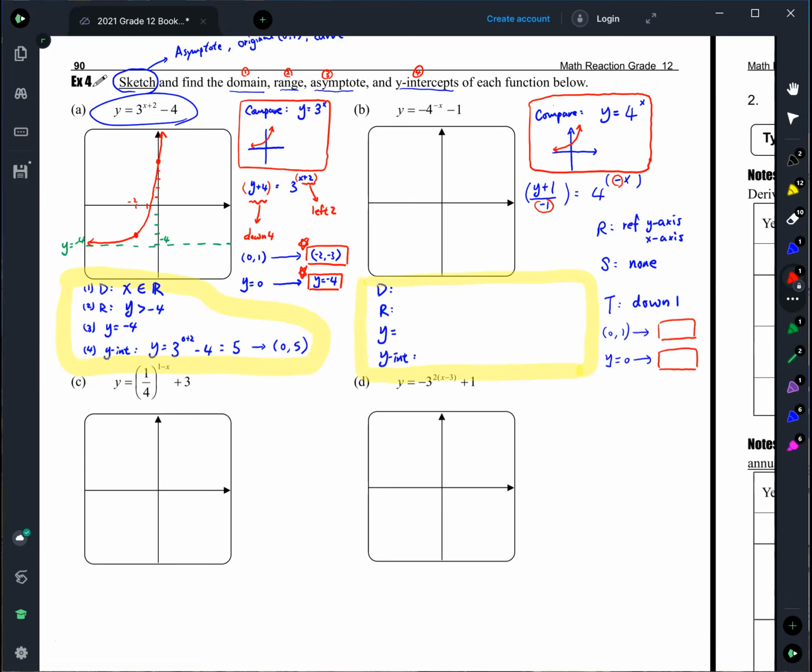Okay, Eric, do you have the new point? Eric, are you there? No. Do you know how to find a new point for 0, 1? It would be x is equal to 0, right? Yeah, x will be 0.